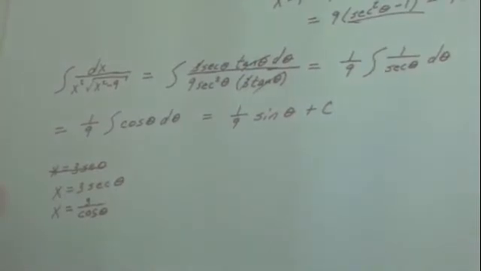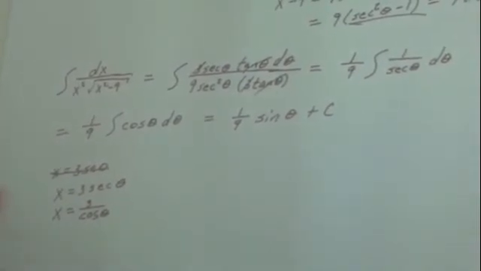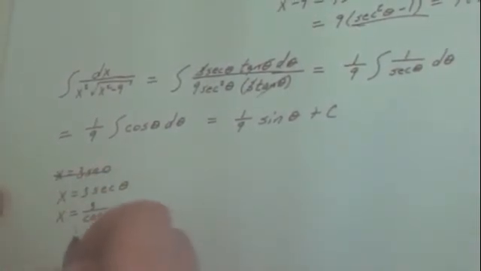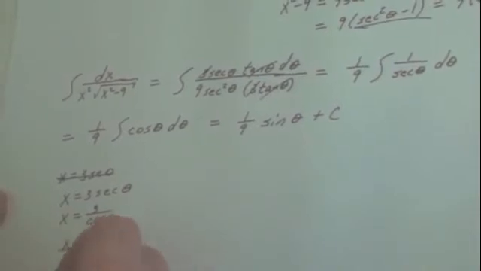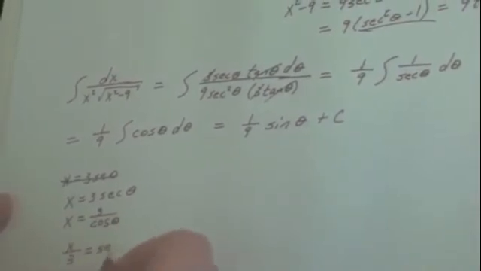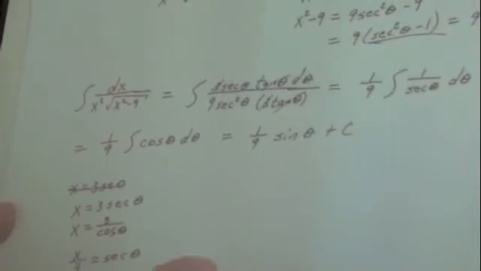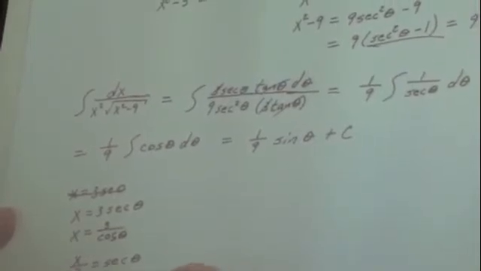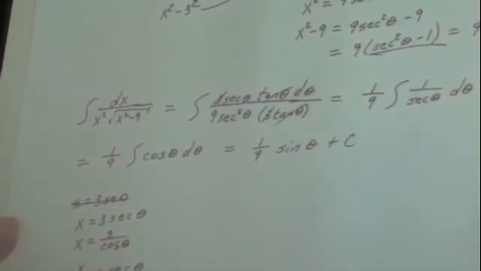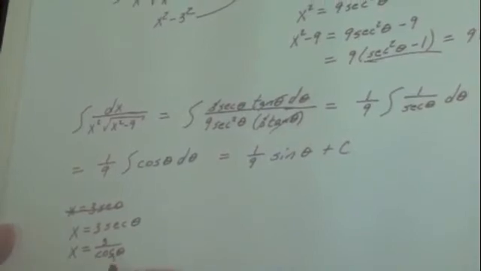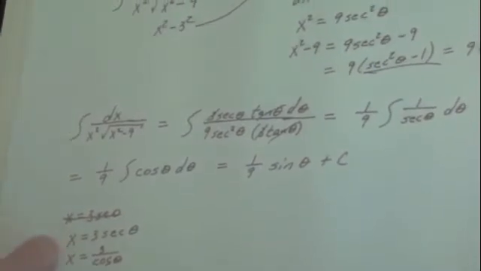Okay. I would have preferred just to say x over 3 is equal to the secant of theta. That would have been better done. And then say, so the cosine of theta is equal to 3 over x. I like that better. I could have got to that by what I had right here, but this is cleaner.